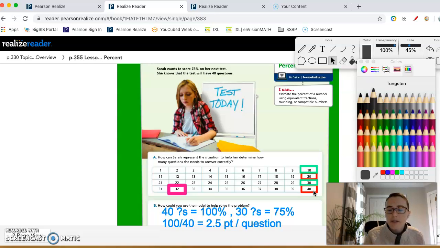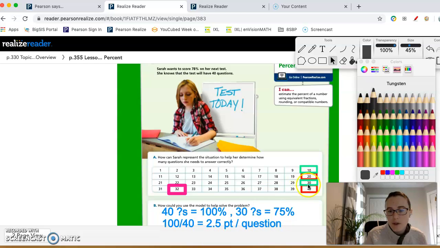I thought even a little further, that I could break down the points per question using mental math. If each row of 10 questions is worth 25 points, I can just divide 25 by 10 to calculate the points per question. 25 divided by 10, I'm just going to move the decimal place over 1 to the left, so I have 2.5 points per question.